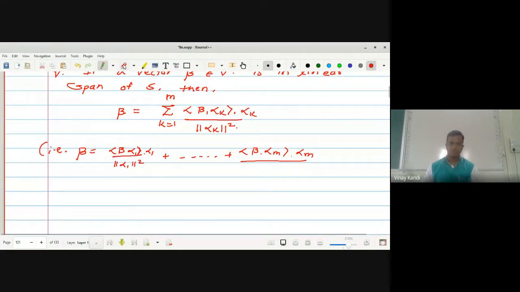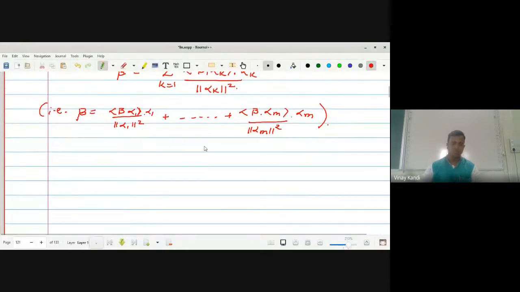This is the scalar quantity. So scalar into vector. Is it correct? Inner product is a function from V cross V to F. Yes, sir. That means the output of inner product is scalar. नॉर्म हा सुद्धा स्केलर आहे. So beta is in this form.